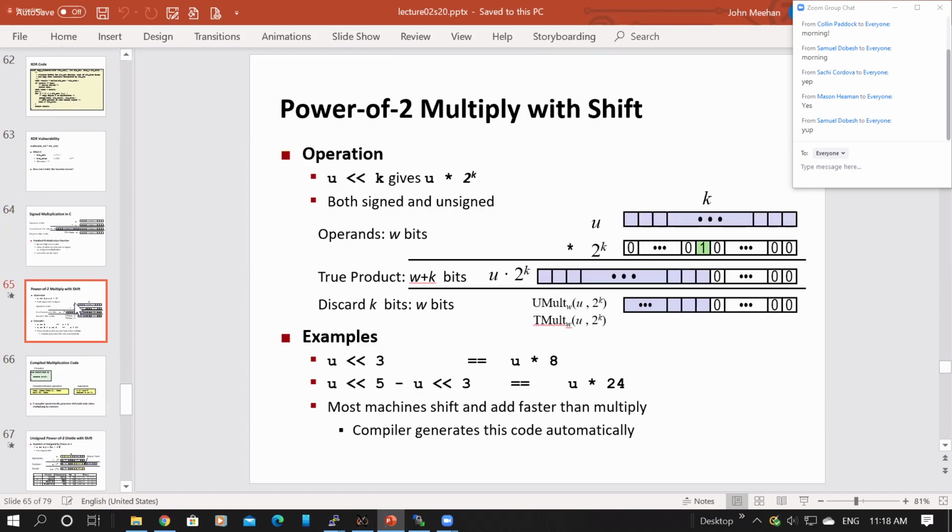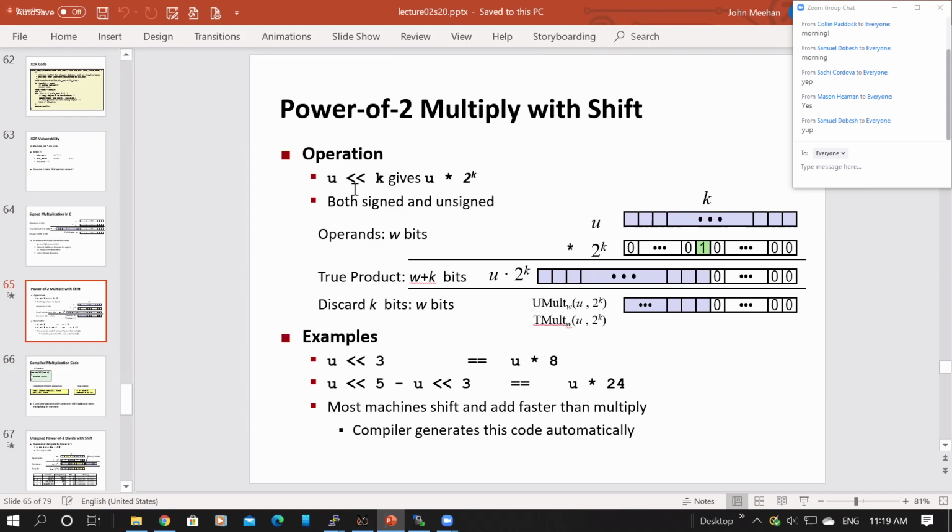Now we want to look at the concept of simulating multiplication with a shift operation. We've already run into this shifting thing a little. The shift operators in C are these double guys. Double less than is a shift left.